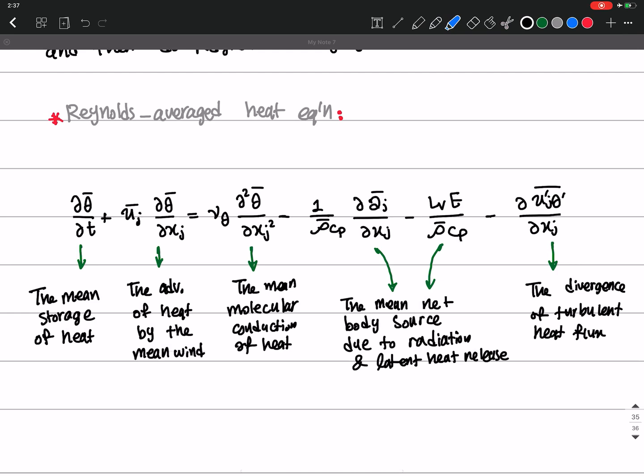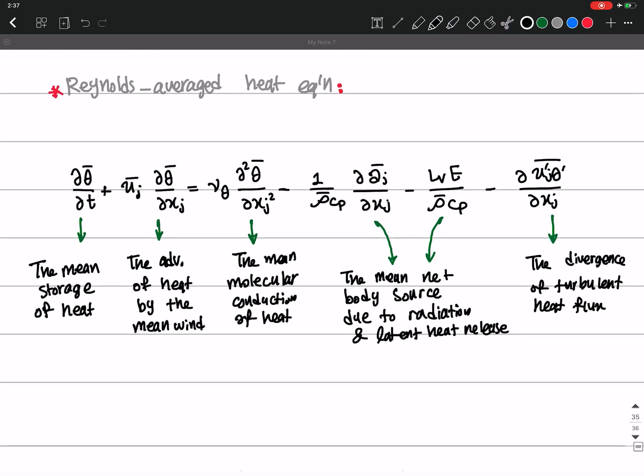What we can do is also, if you assume that we have a horizontal homogeneity, that is partial over partial x_j in the horizontal direction is 0, and also if you assume subsidence is 0, that is u bar 3 or w bar is 0, then we are going to get a simplified equation by some assumptions.